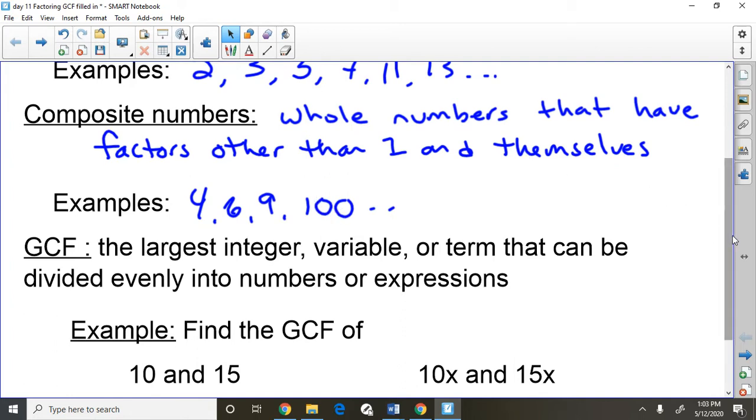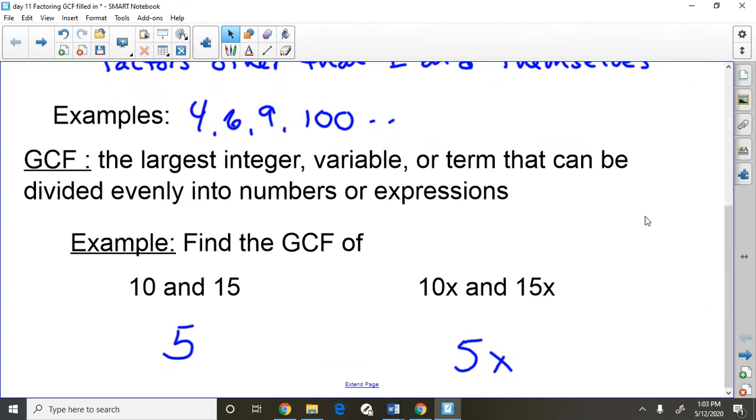What we want to find today is the GCF, the greatest common factor. It's the largest integer, variable, or term that can be divided evenly into numbers or expressions. For some of them, we can find the GCF just by looking at the numbers.